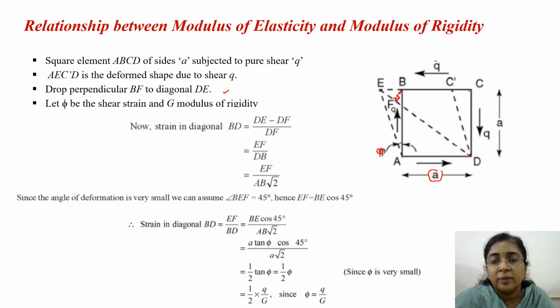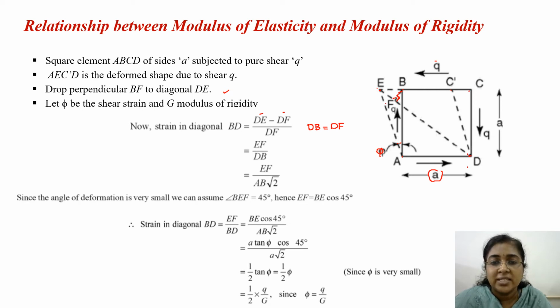So here we are dropping a perpendicular, that is BF is perpendicular to DE. So the length DB from this figure is equal to DF. And strain in the member DE is equal to DE minus DF, which is equal to DB itself, that divided by DB, that is again is equal to DF.